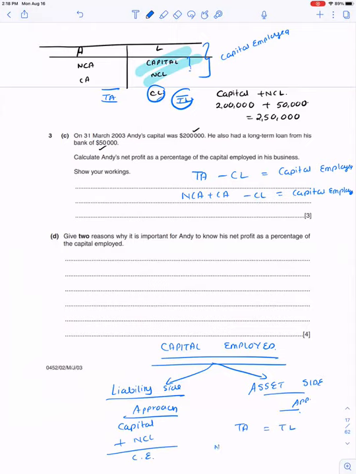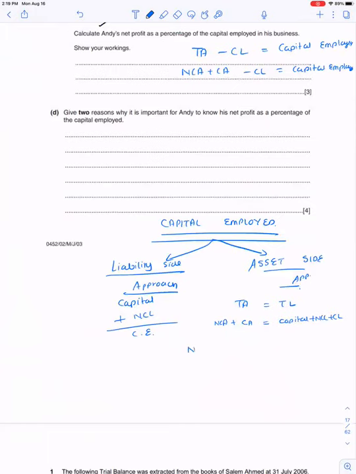Total assets is non-current assets plus current assets, which is equal to capital plus non-current liability plus current liability. Non-current assets plus current assets, take this current liability over here, minus current liability is equal to capital plus non-current liability.